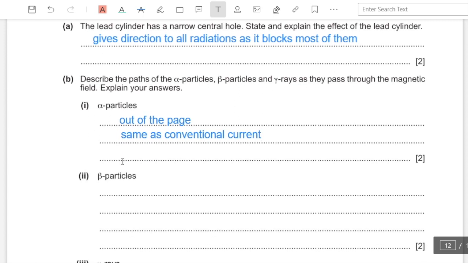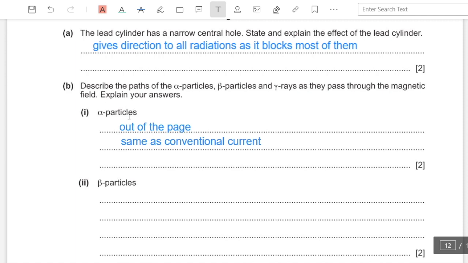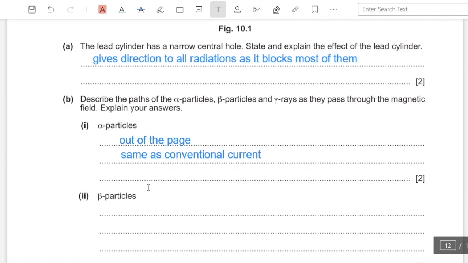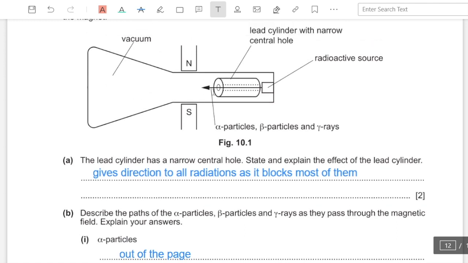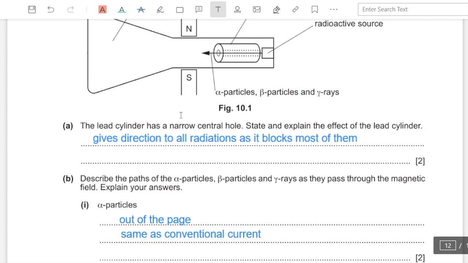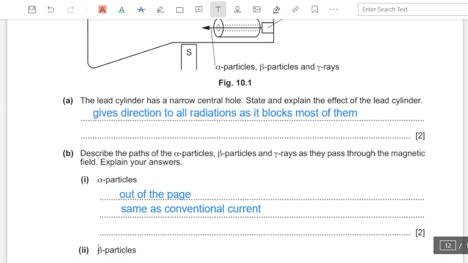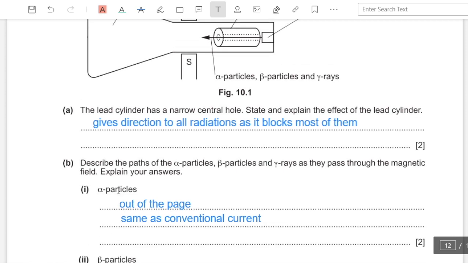Now beta particles have the opposite charge of alpha particles, that is negative charge, and that means the only change over here is going to be the position of your middle finger. So the first finger, your pointer finger, is going to be pointing again from up to down, north to south. The middle finger is going to be pointing in the opposite direction, which means left to right, since here we have not conventional current but a direction of beta particles which have the opposite charge.